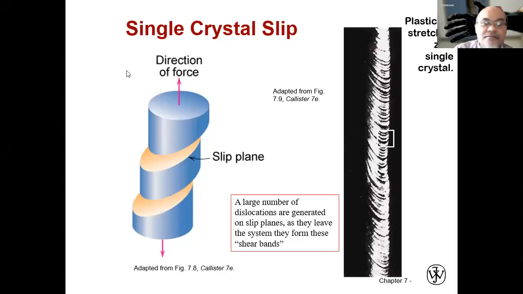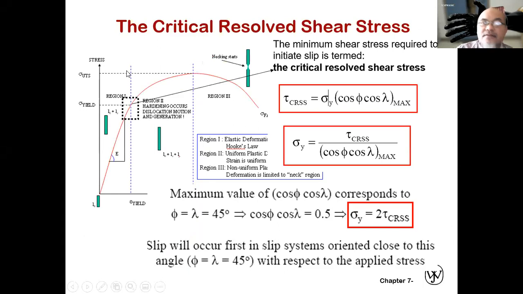Okay, so far we have learned that in order for slip to occur, which in microscopic condition we call dislocation motion, sigma y should be above a certain value.